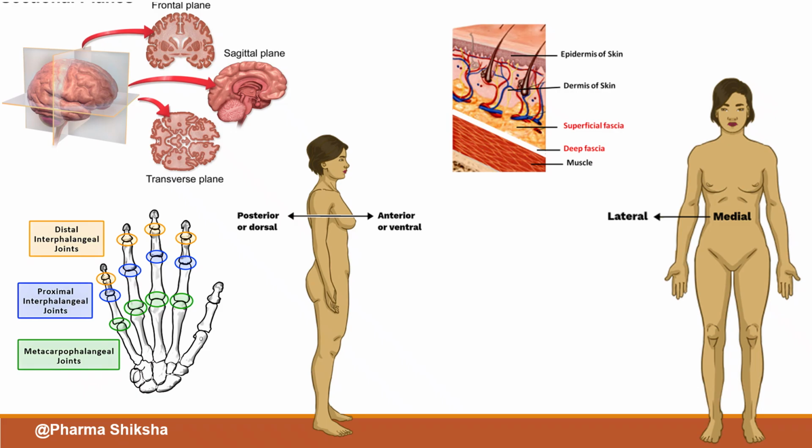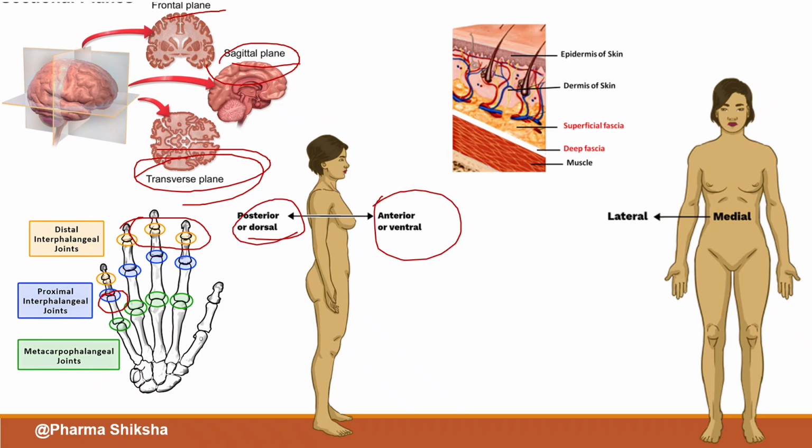Here we can see the frontal plane, the sagittal plane, and the transverse plane, where we have cut the brain into different positions. Normally we see the sagittal plane every day, and the transverse plane. Here the fingers are distal, and this part will be proximal. The back side is posterior, the front side is ventral.